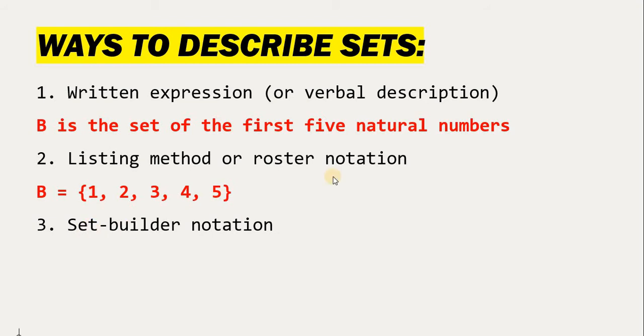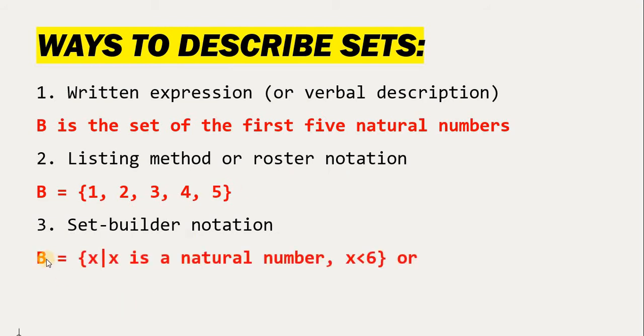Again. And then, we also have the set builder notation. Okay? So, gumagamit din na tayo nito to describe sets. Example, B is equal to X such that X is a natural number, X is less than 6. Or, pwede rin ganito natin siya isulat. Ganun pa din, B is equal to X such that X is a natural number, X is less than 6.